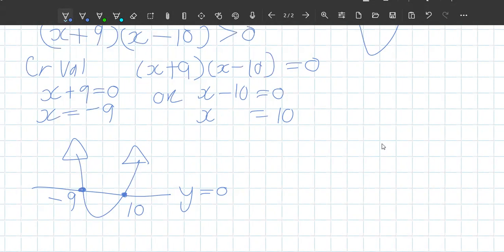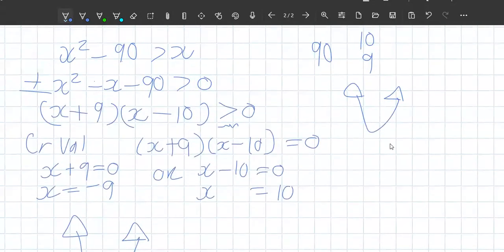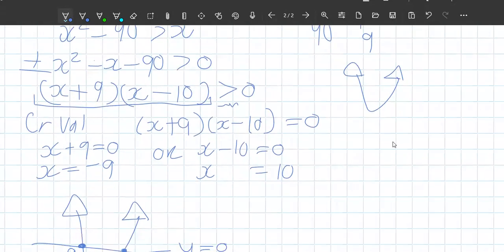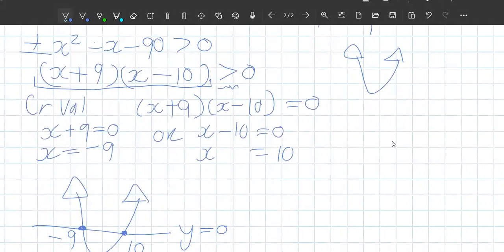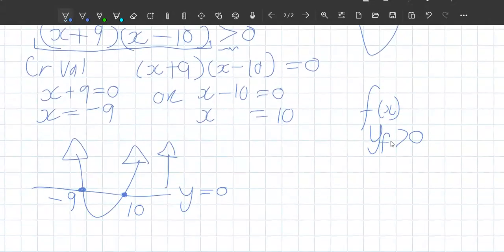And the way we find that is we look at this inequality sign. This is saying the function is larger than 0, so therefore we want where f of x, our function, which is just the y's of f, where are the y's of f larger than 0? And of course that's up here.